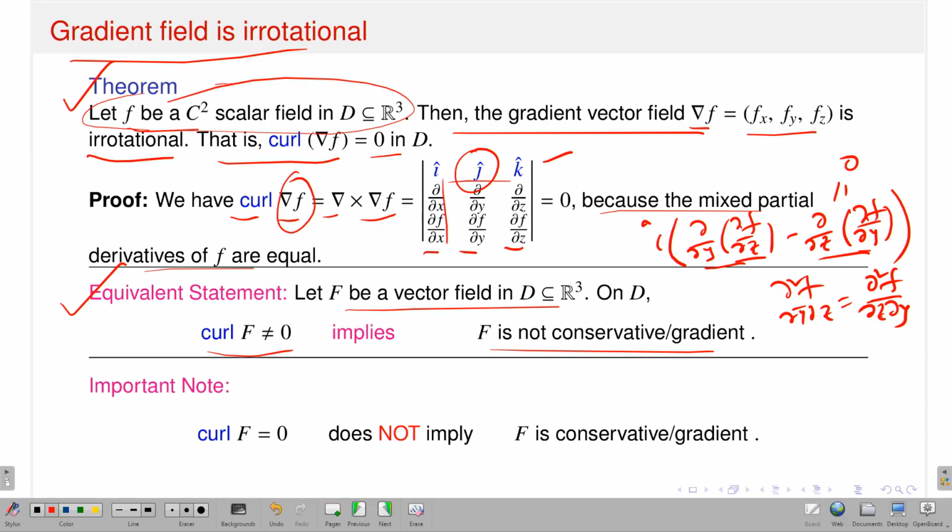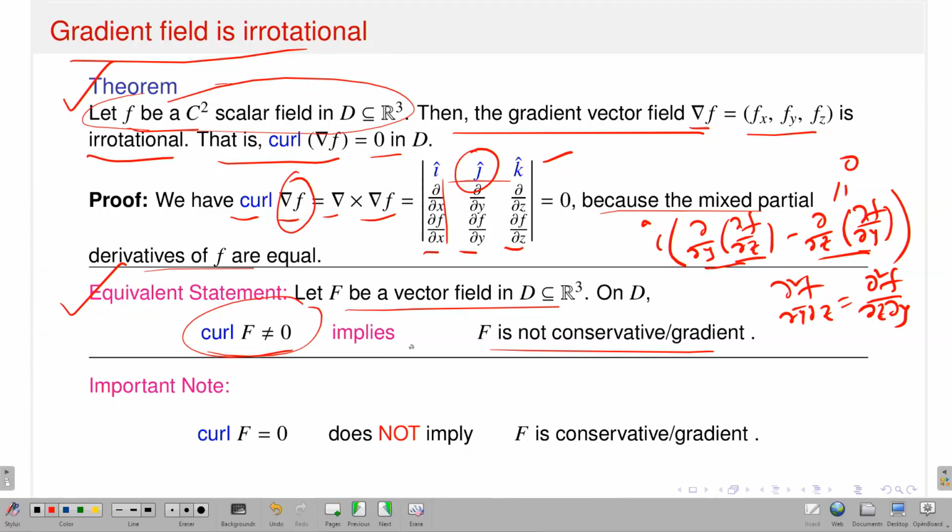Just now I observed that if the vector field I started with is a gradient vector field with scalar potential in C2, then the curl has to be 0. Therefore, if the curl of F is non-zero, it always implies that my vector field capital F is not a conservative or gradient vector field. That is the first observation.